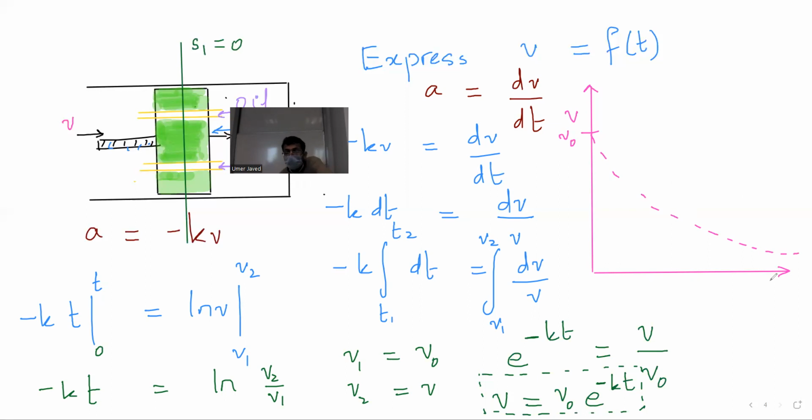Good. So when the time is infinity, the V is 0, right? When time is incredibly big, the V goes to 0. When time is 0, I have V equal to V naught. When time is incredibly big, because of minus, V goes to 0. And I think life is good.